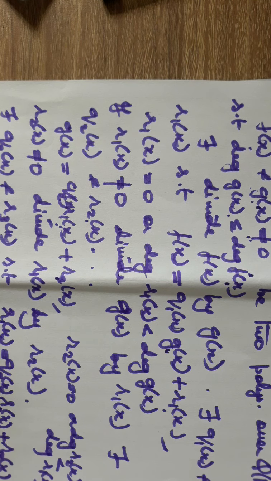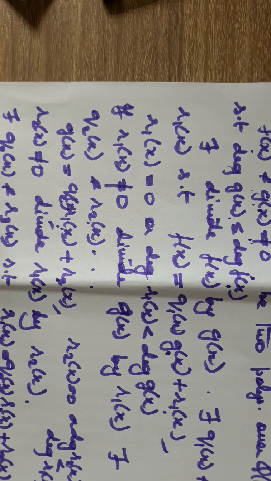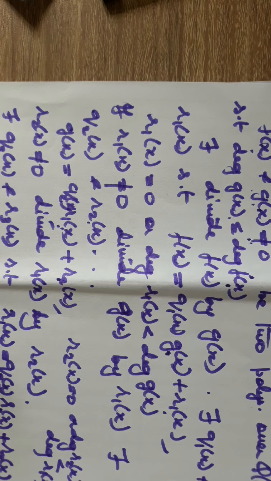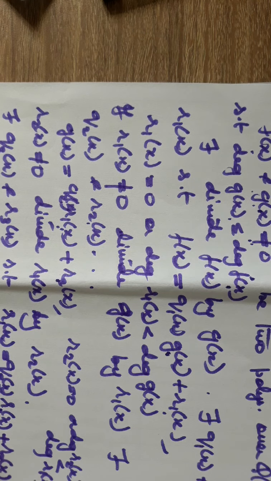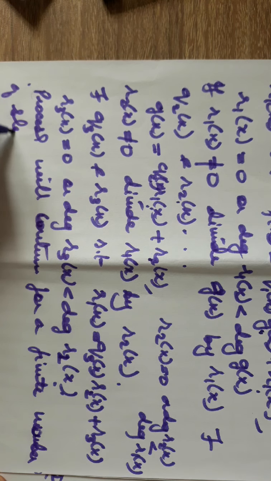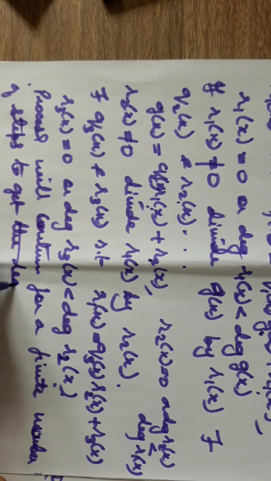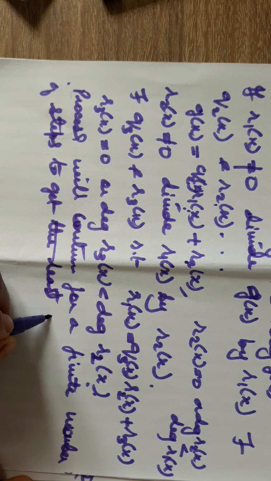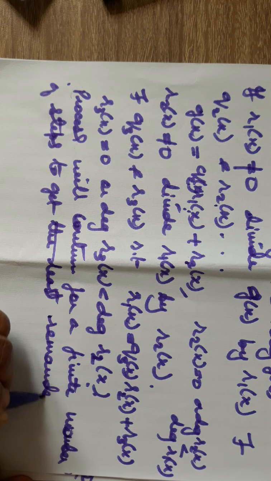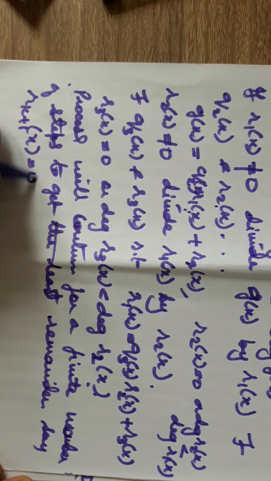This process will continue for a finite number of steps to get the remainder r(k+1)(x) equal to 0.